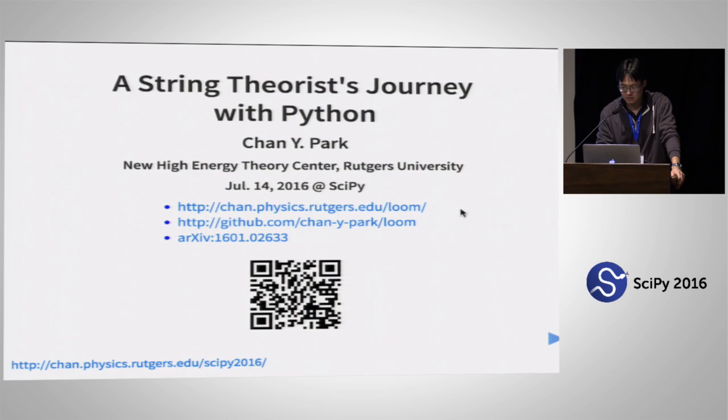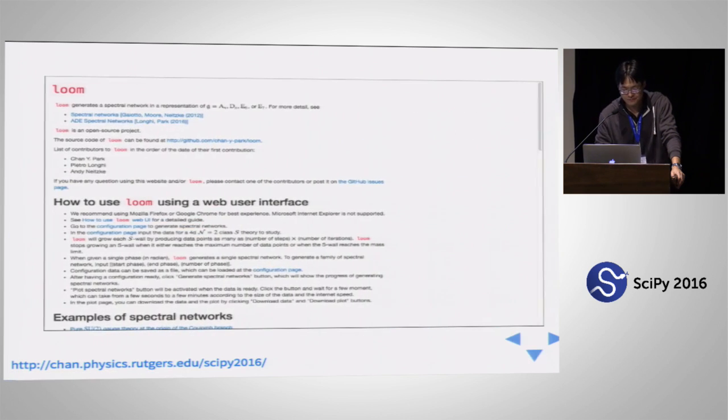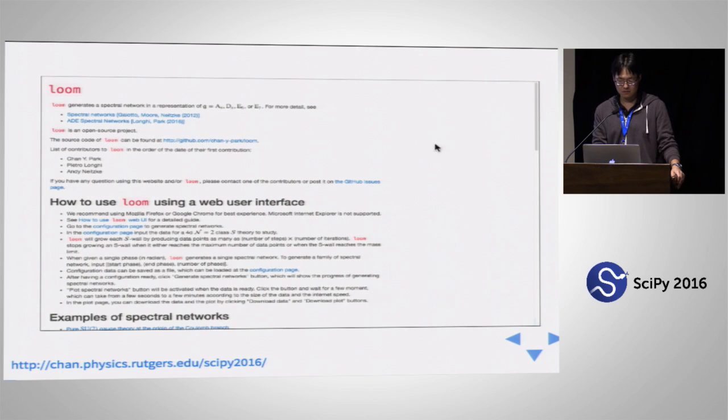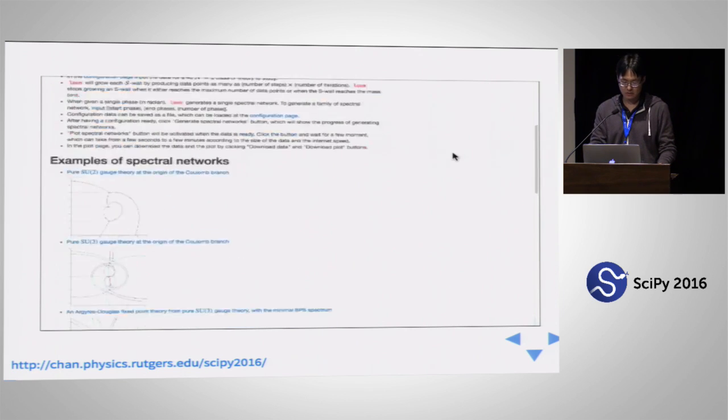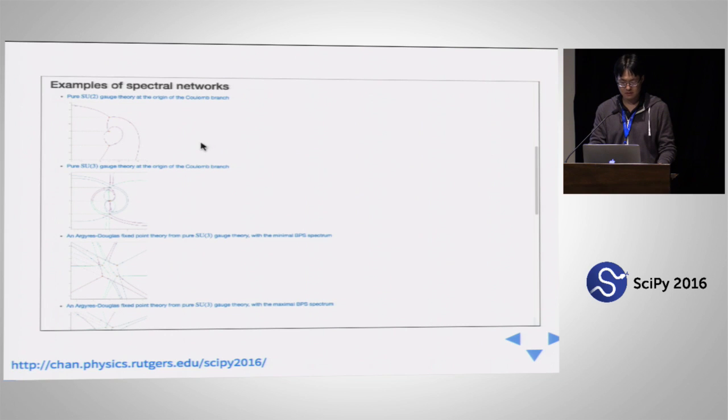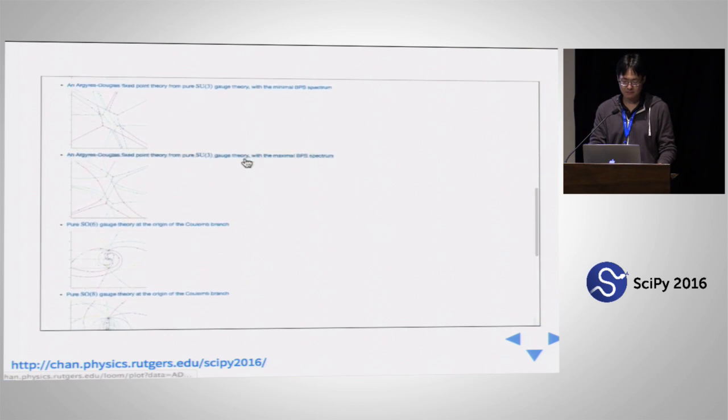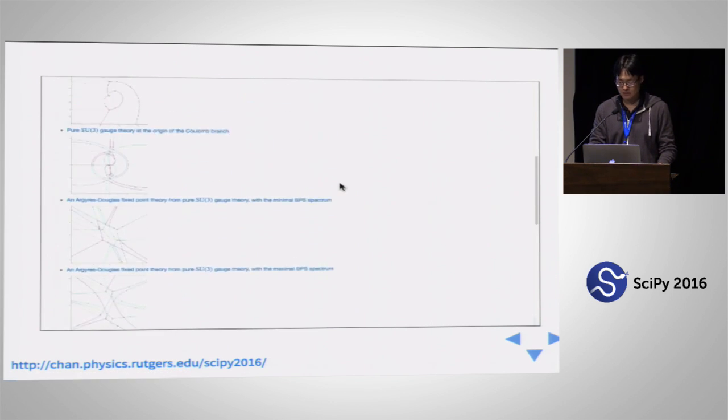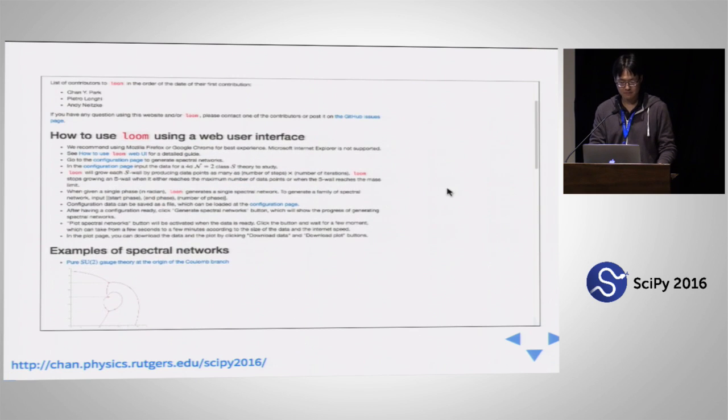And as a teaser, let me start with showing you the end product of the project called Loom, which can be found at this location. If you go to the location, you can see this web page, which contains many colorful diagrams, colorful plots generated using the Python program for real string theory research.